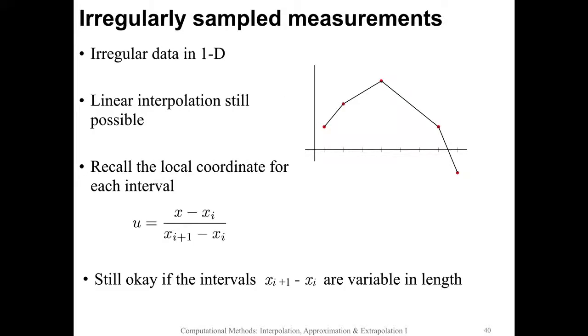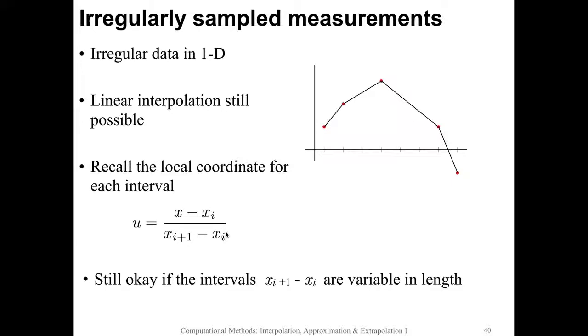And linear interpolation is also still possible. If we recall, this was our local coordinate that we use to define over each interval, and it doesn't matter if the gaps between two successive data points, which is the bottom part of this fraction, are variable.